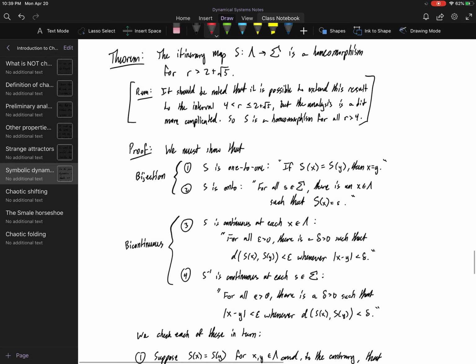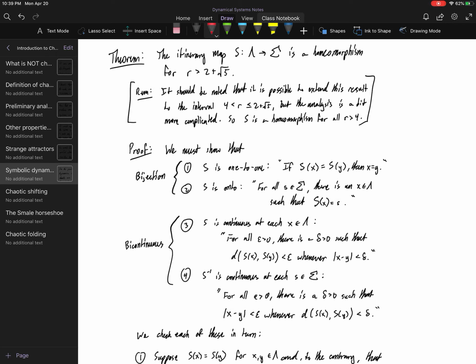And now to the coup de grace. The claim here is that the map that we came up with before, the identification between elements of lambda and elements of the binary sequence space, is actually a homeomorphism when r is greater than 2 plus root 5.